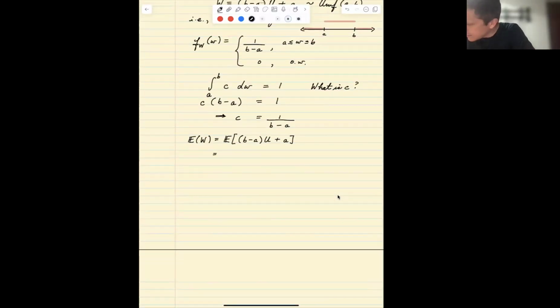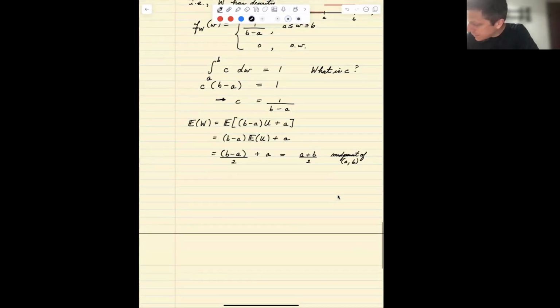So this is (B minus A) times the expectation of U, plus A. B minus A times a half, which is the expectation of U, plus A, we get A plus B over 2. So it's the midpoint again, which is what we would expect.